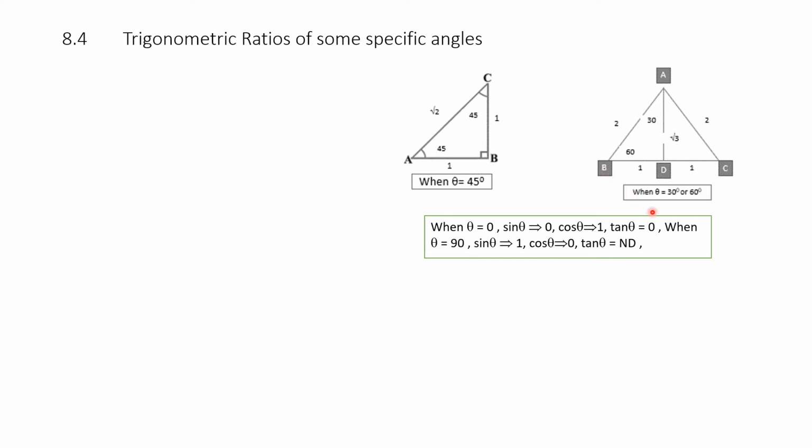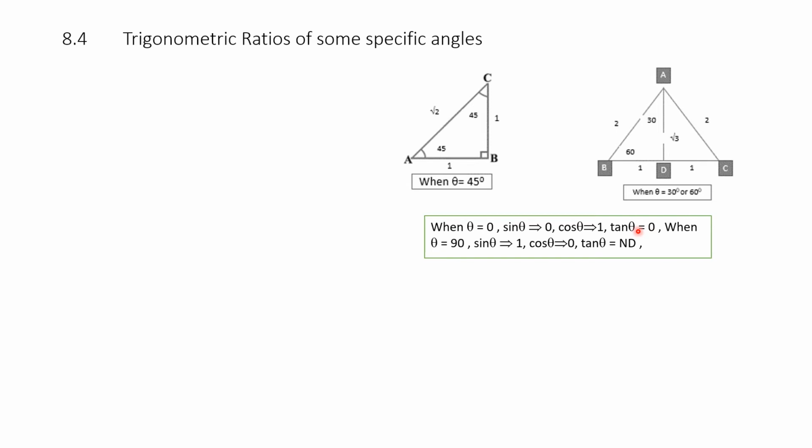Similarly, for calculating the values when the angle is 0, AC and AB coincide. So theta will be 0, therefore sin theta is approximately BC, which will be 0, so sin 0 is 0, and cos theta will be 1 because adjacent by hypotenuse becomes approximately 1, and tan theta is equal to 0.